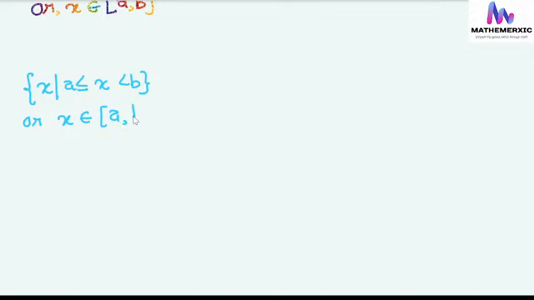So for closed open, whenever we have x such that x is greater than or equal to A but less than B, this can further be written as x belongs to closed interval on the A side and B is open. B is open.